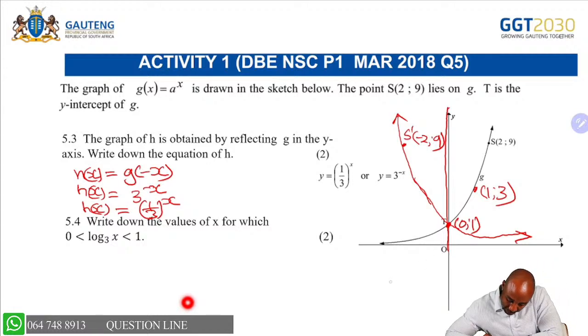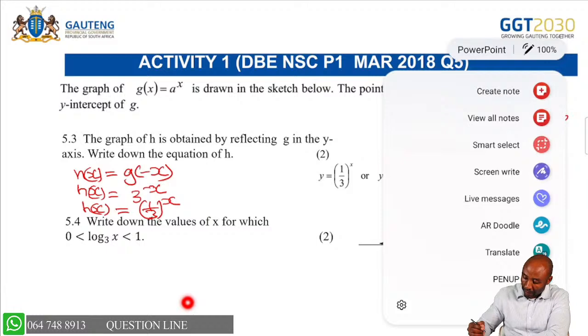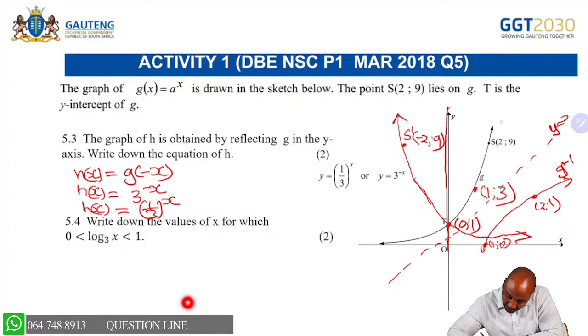If we quickly sketch y is equal to x, this will give us our inverse function, and our inverse function is also an increasing function. The coordinates here will be (1, 0), and somewhere here we also have coordinates (3, 1) on the inverse function. This is our g inverse. This is our g of x.